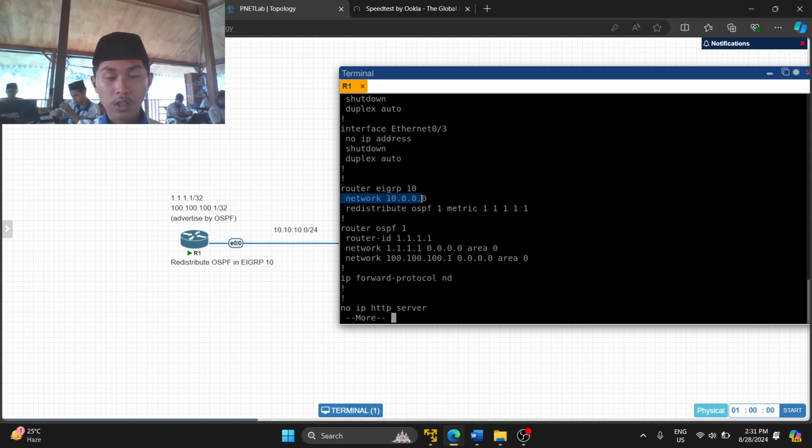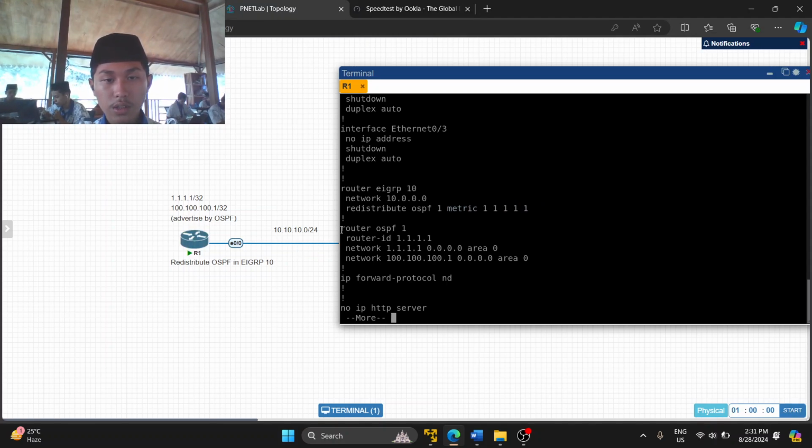The network that will be advertised is the network from interface E0/0, that is 10.10.10.0/24. And then do not forget to add the redistribute command, redistribute OSPF 1, because here I configured router OSPF as OSPF 1, and metric 1 1 1 1 1.